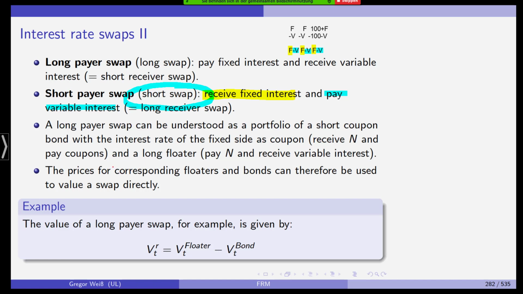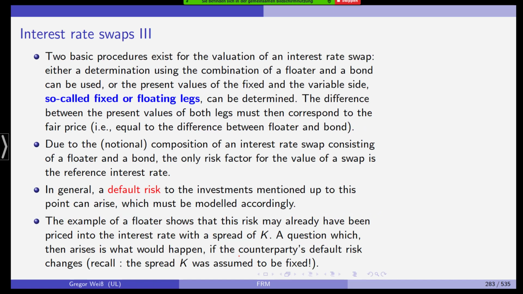So the value of a long payer swap is simply given by the price of a floater minus the price of a coupon bond, and we are done. So swap contracts are very, very simple to price and to value in this case, because as you can see, they're simply the combination of a long coupon bond and a short floater, or vice versa. And if you have the prices on the market, you can simply calculate the price of the swap.